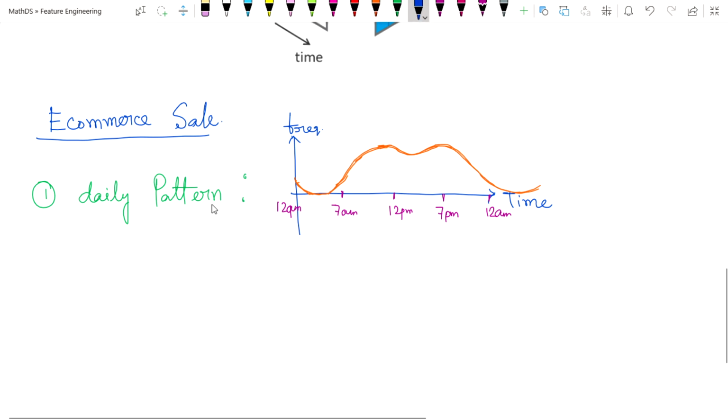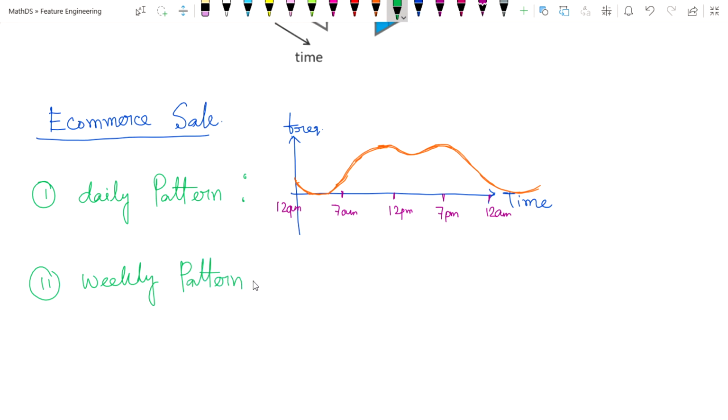So if you see these things on a monthly basis, it's the weekly basis. If you see this pattern on a weekly basis, we can see something like this.